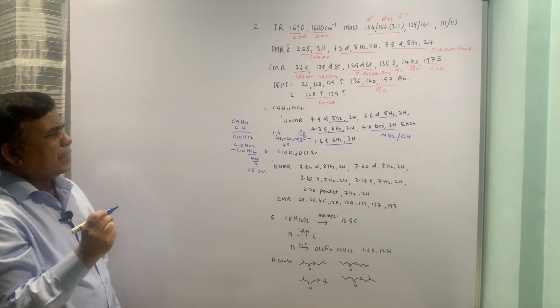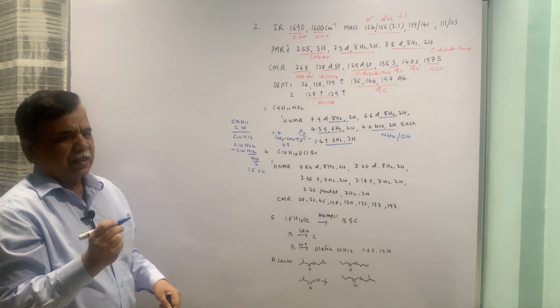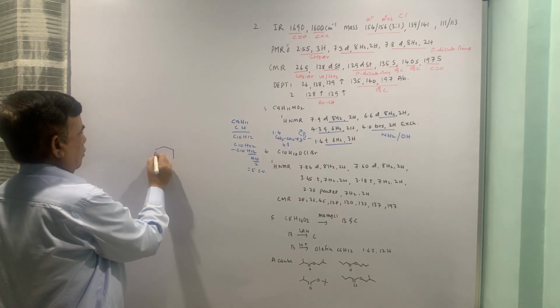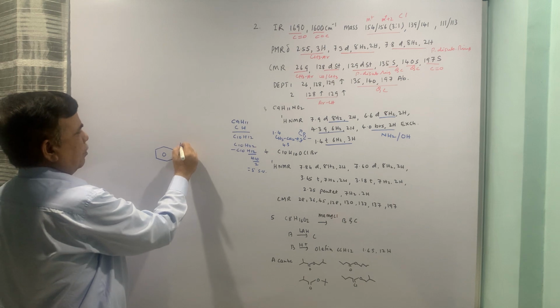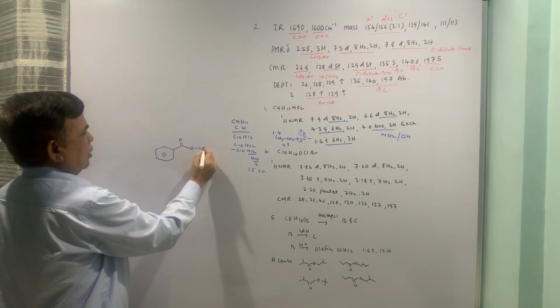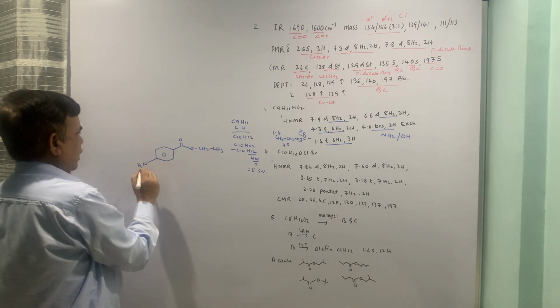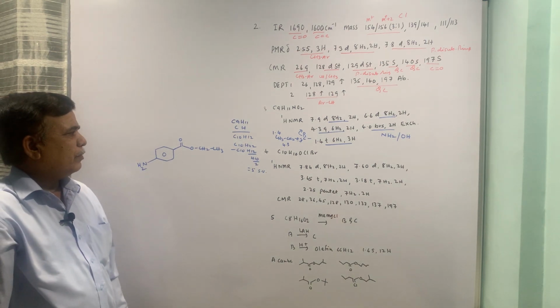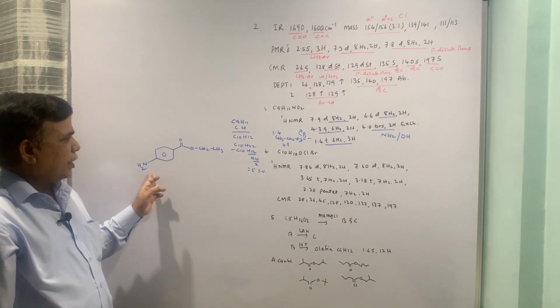For 9 carbons in addition to the ring, these 3 carbons can make that grouping. I will just draw the carbonyl first, then O, CH2 and CH3, and here you have to have NH2 because we have already utilized both the oxygens. There is no other way that we can have exchangeable protons without an NH2 group. So these are the 2 exchangeable protons.